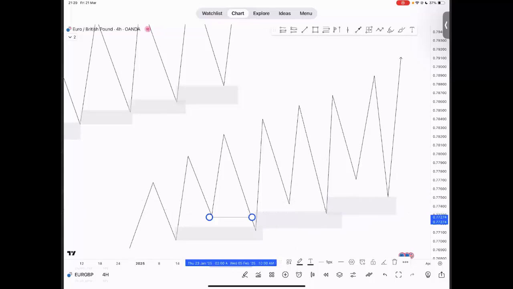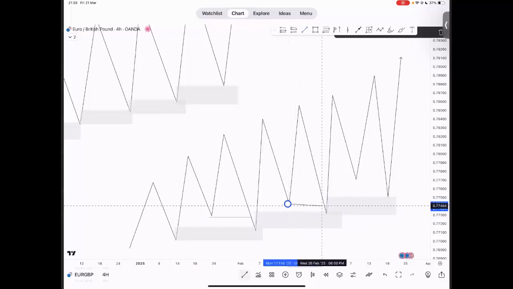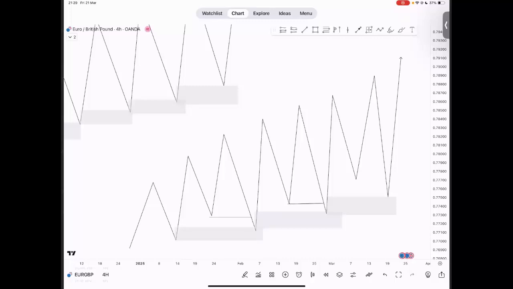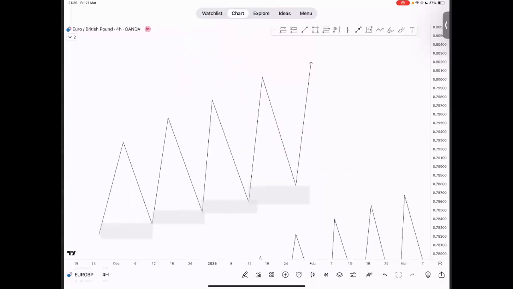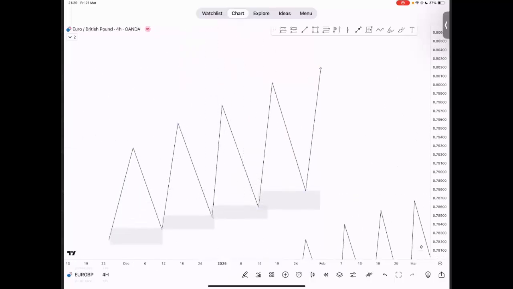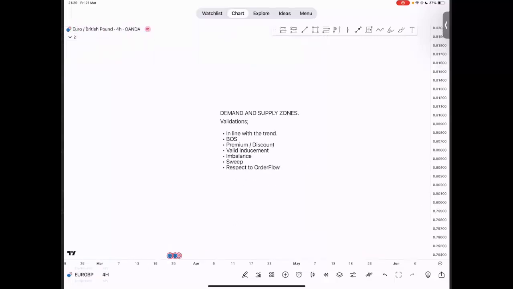And that mitigation is going to cause the sweep of this particular one here now, just like this, right? These are the demand zones that are created by sweeps, and these are the demand zones that are created by respect to order flow. So either way, if it's a sweep or respect to order flow, both of them are validations of demand and supply zones.